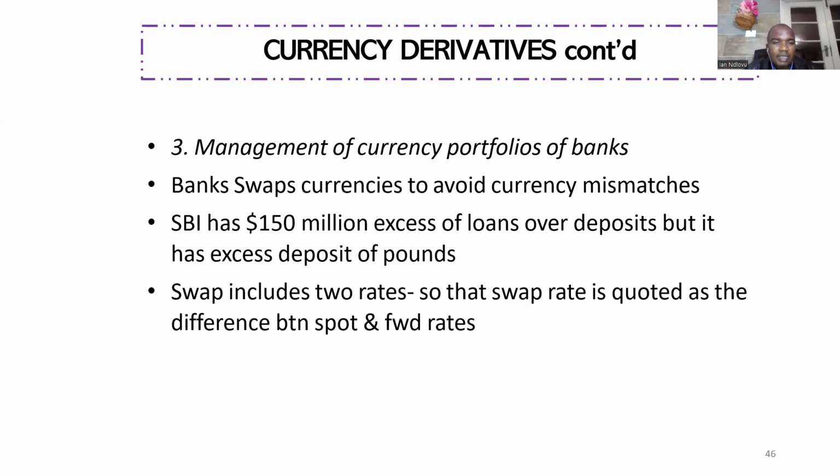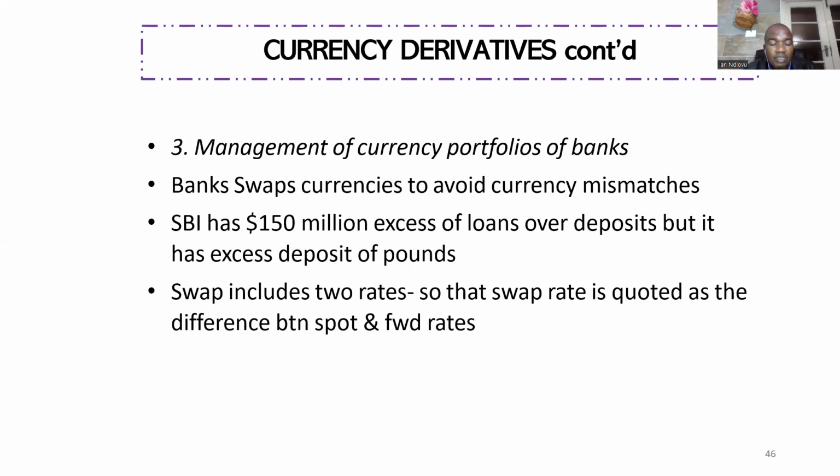Because as they say, money does not sleep. We have a scenario where SPI has $150 million excess of loans over deposits, but it has excess deposits of pounds. So a swap transaction in this case would resolve this situation where there is an excess of deposits in terms of pounds.